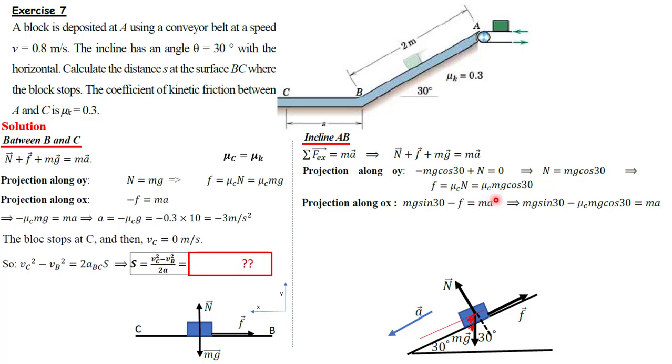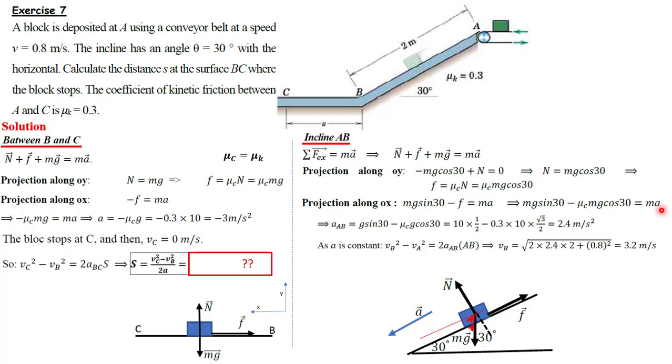And the acceleration along x is equal to a. Now let's replace F with mu mg cosine 30. We can simplify by m, and we can finally obtain the acceleration along AB: a equals g sine 30 minus mu g cosine 30.